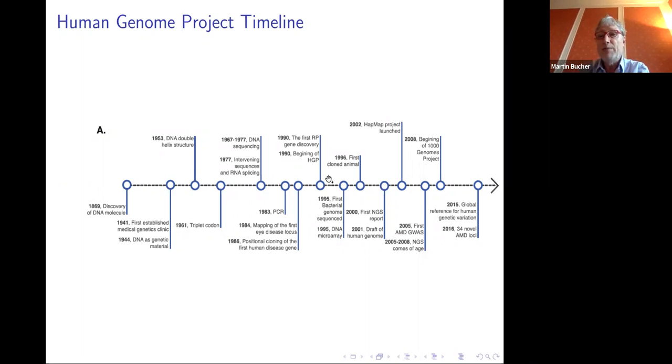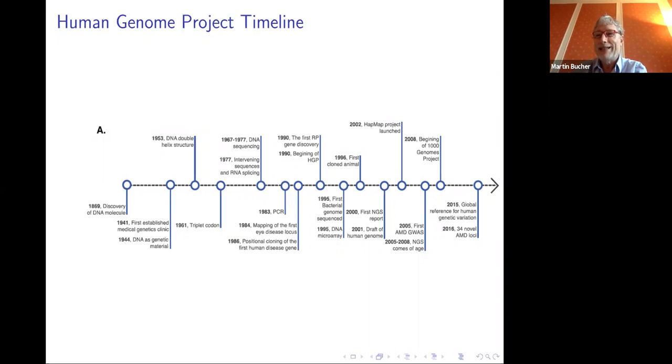And the Human Genome Project, which had the ambition of completely mapping the human genome, was started in 1990, and it was super expensive using the techniques then. But then, as we discussed last time, the second generation sequencing is much faster and less expensive.